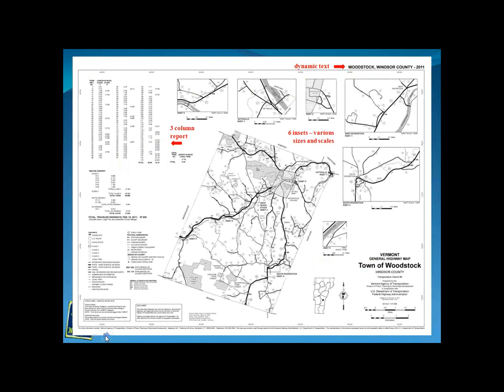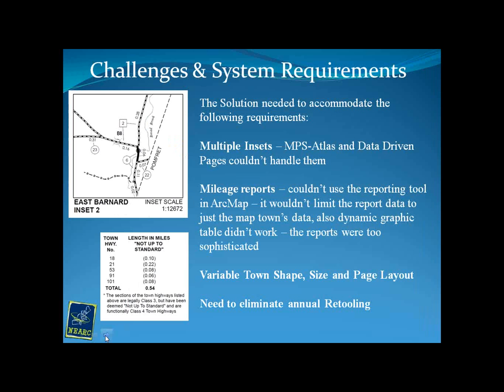Here, yet again, we have 6 insets in this map and 3 columns in this table. And production mapping was not capable of being flexible with these column reports. So just to sum up the challenges and the requirements that we had for our highway mapping system, we needed to be able to have multiple insets, anywhere up to 6.